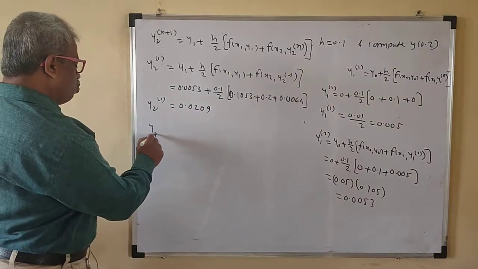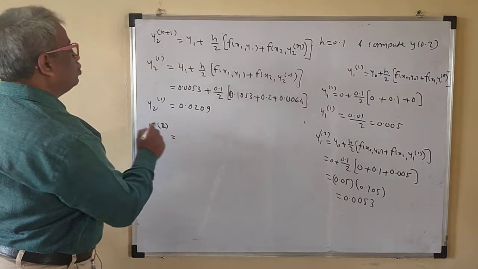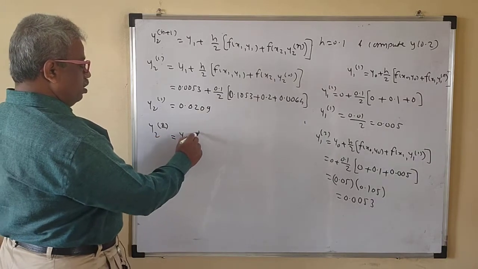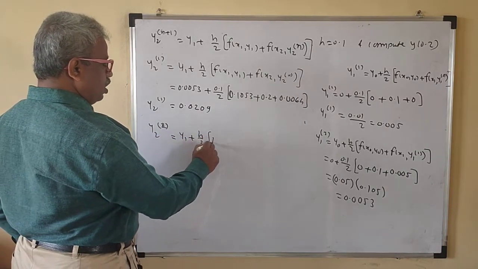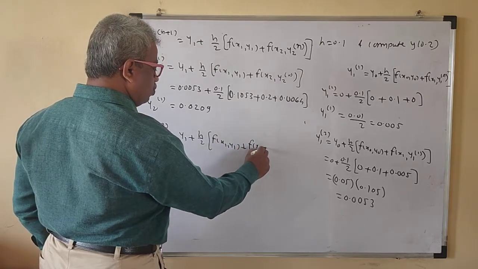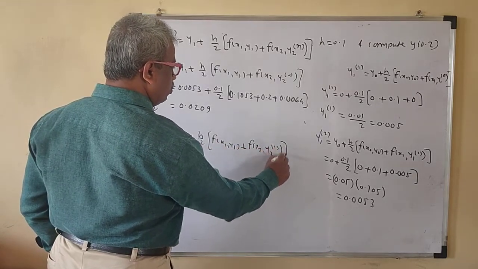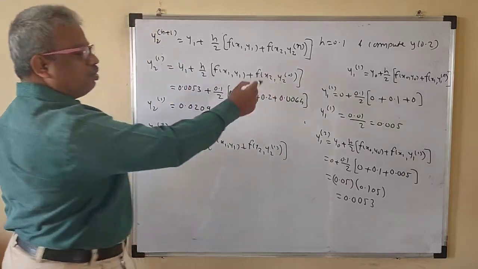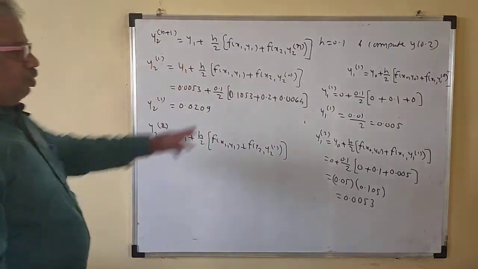Okay, so we do for y2 of 2 now. y2 of 2 is y1 plus h by 2 f of x1 y1 plus f of x2 y2 of 1. All these are the same. Only here, y2 of 0 becomes y2 of 1. We have to change only this one.